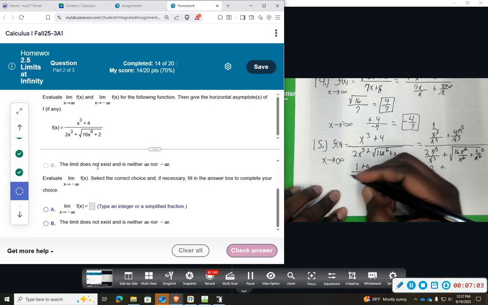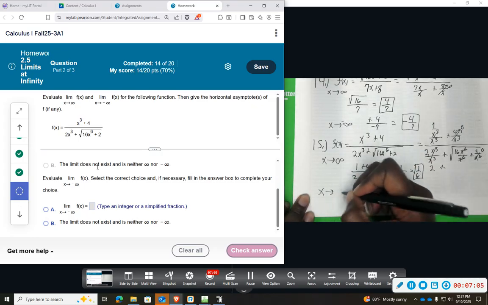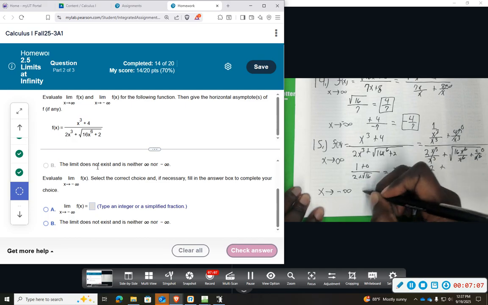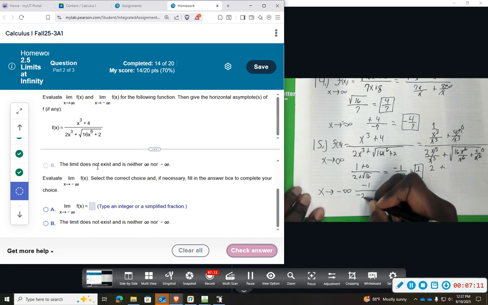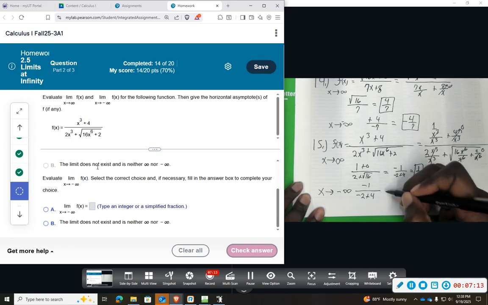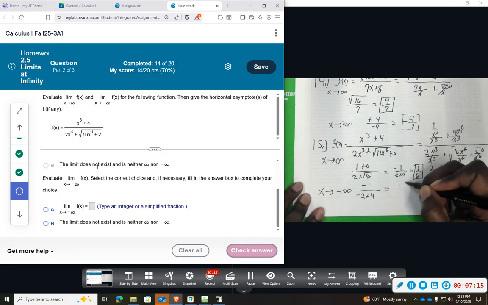So I'm looking at, as x goes to negative infinity, we're looking at -1 over -2 plus 4. This gives us a -1, subtract over 2, so we get a -1/2.